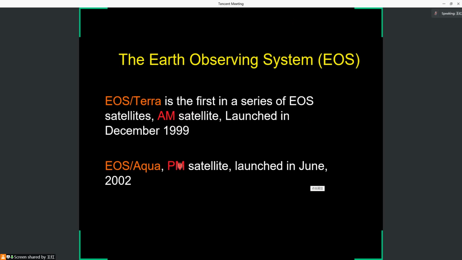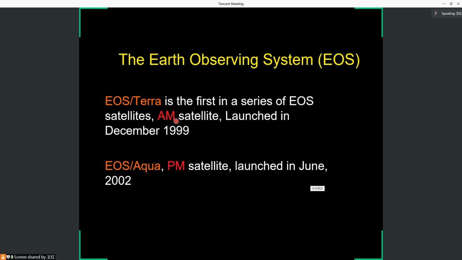I'm not sure which is more popular, AM or PM, because I seldom use these MODIS models. I used Landsat and Sentinel.